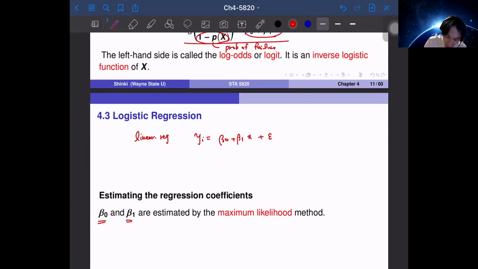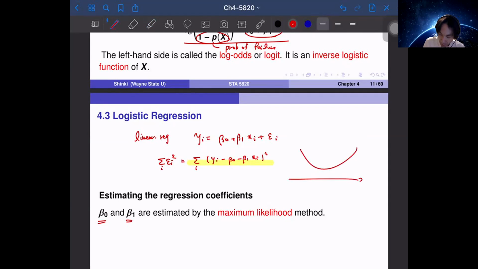We have y sub i, x sub i, epsilon sub i, and we minimize the summation of y i minus beta naught minus beta 1 x i, that is, the sum of epsilon i squared. This is a quadratic function of beta naught and beta 1, so it's easy to estimate because a quadratic function is a parabola.